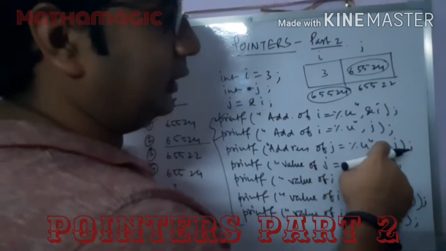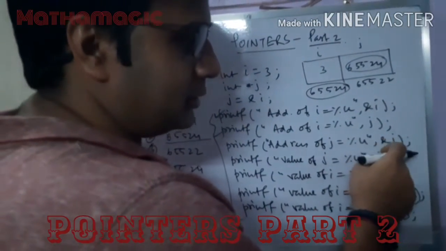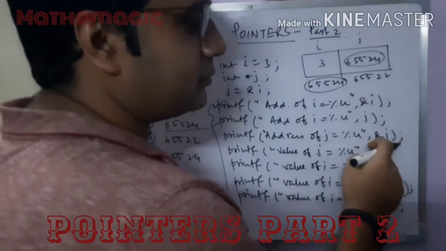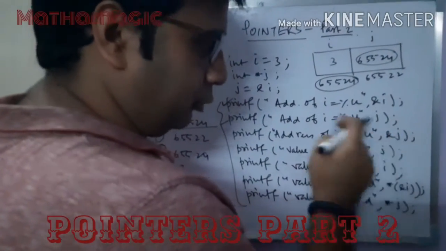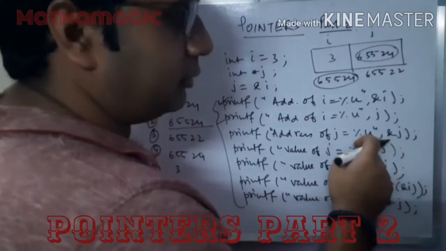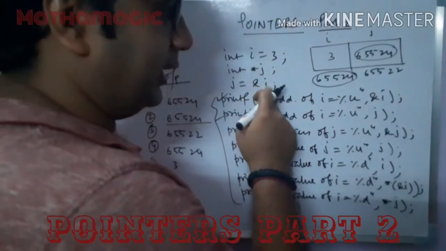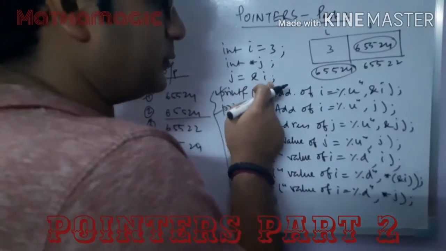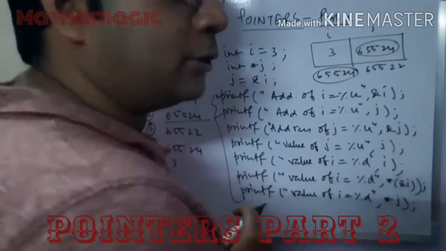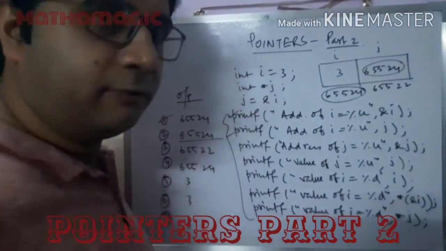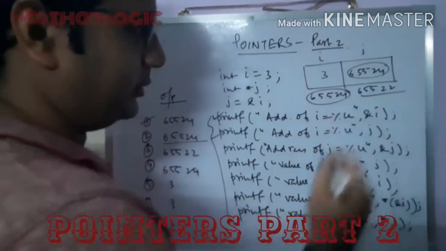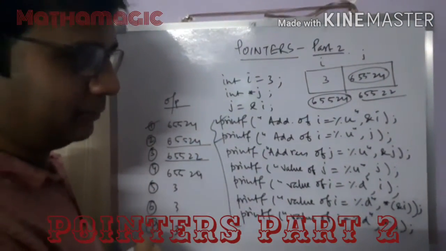But here we have to write ampersand of j because address of j refers to this only. We are trying to print the address, that is why we have used unsigned. Ampersand of i refers to the address of i, ampersand of j will definitely refer to the address of j. This is the address of j. So this is how it is getting printed.